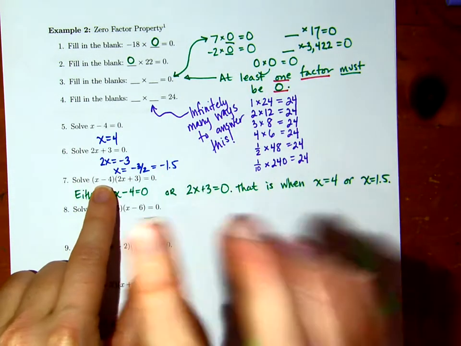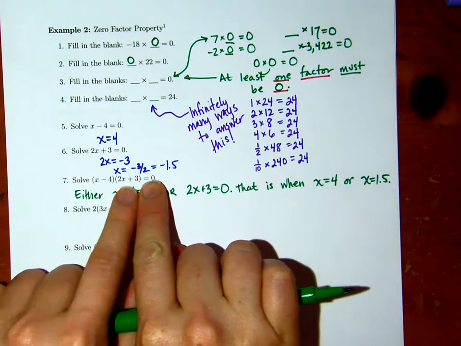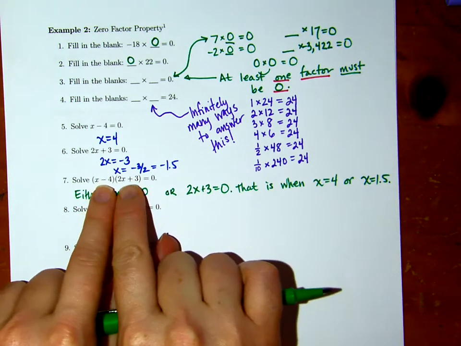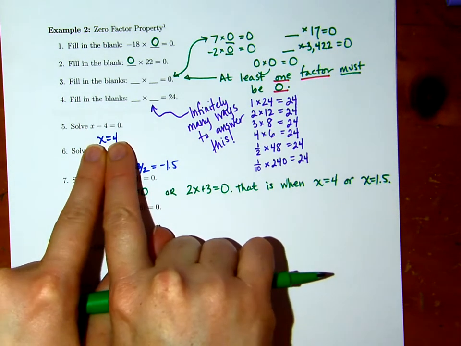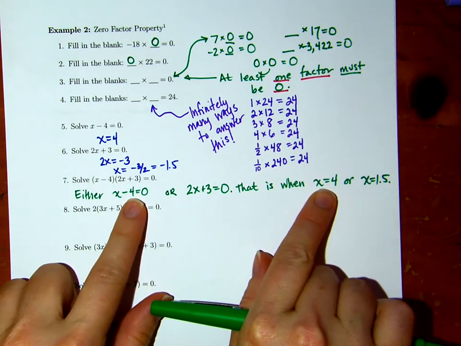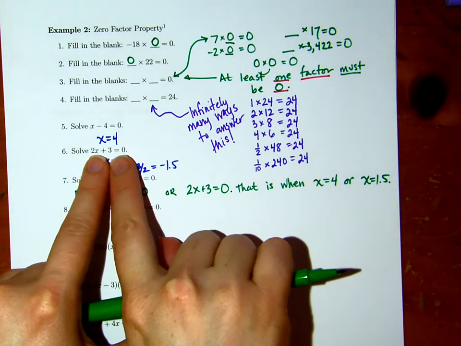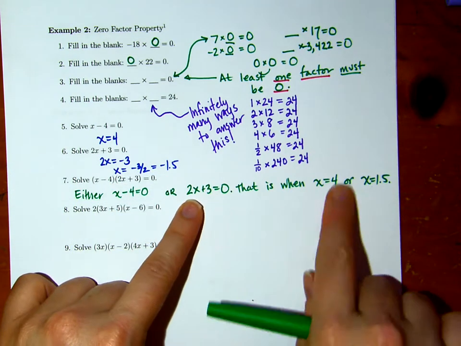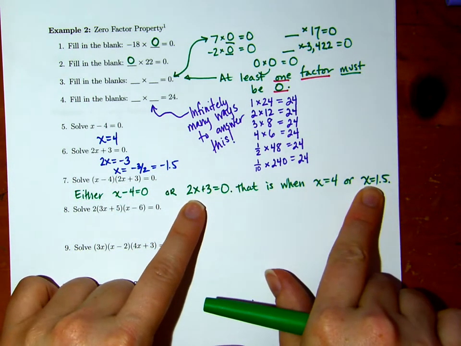So we have this factor by this factor, and that equals 0. That means one of them had to have been a 0. And in number 5, we solved that equation. So that was when x equals 4. And in number 6, we solved that equation when it was set to 0. And we saw that 2x plus 3 equals 0 when x equals 1.5.